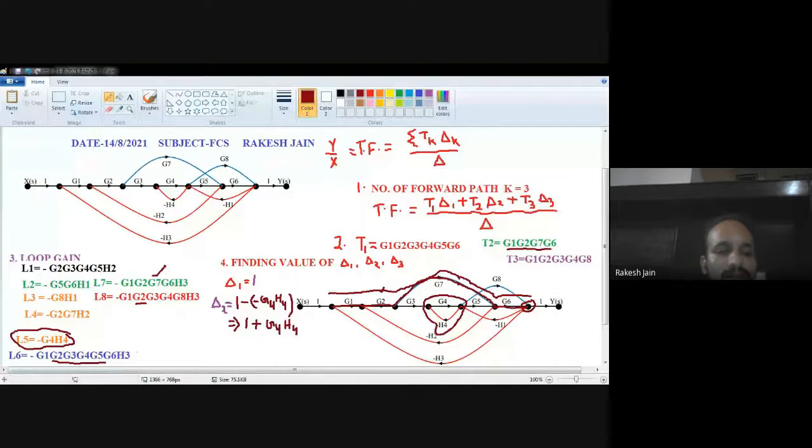Yes. If you understand how the value of del2 is equal to 1 plus G4H4, then type in the message box. I understand that you don't have any query and you easily understand how to find the value of del2. Okay, yes. Yes, Ganesh, type.